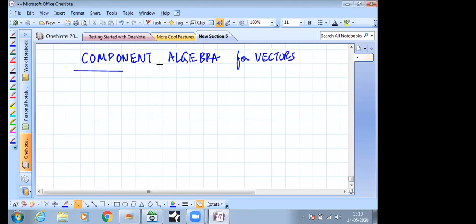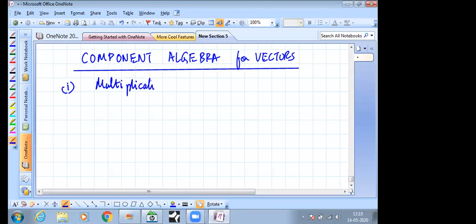Just like for geometrical representation, we had started with the first operation. The first algebraic operation was the multiplication of a vector with a scalar. Same over here. Multiplication of a vector with a scalar.